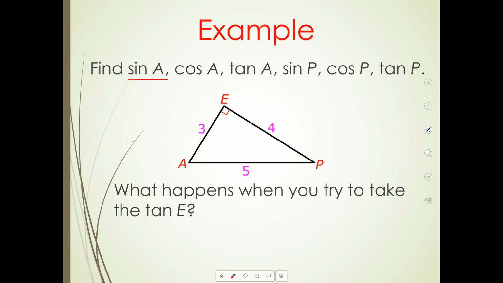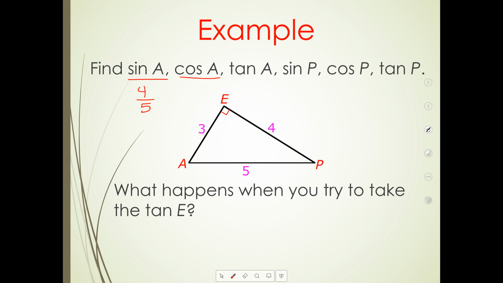What does opposite mean exactly? The side opposite from the angle. 4 over... Look at the definition of sine. Sine is defined as the opposite side over the hypotenuse. 4 over 5. Bingo. Done. Yes, it's just that simple.